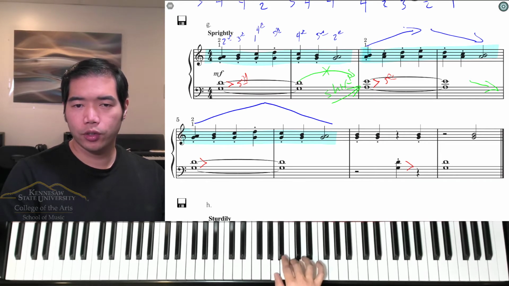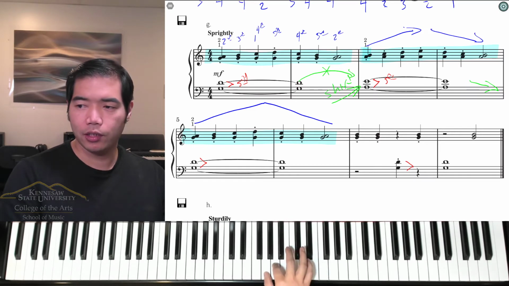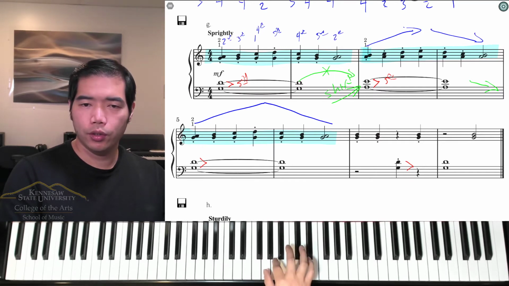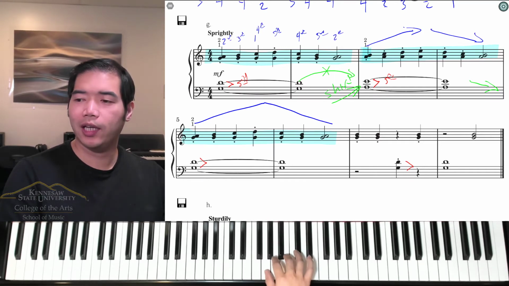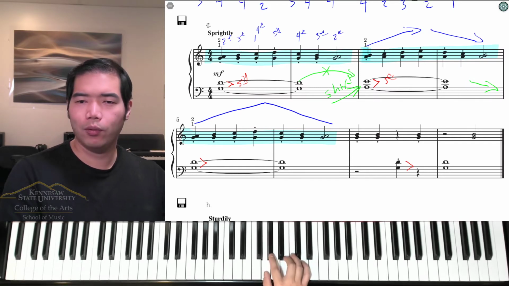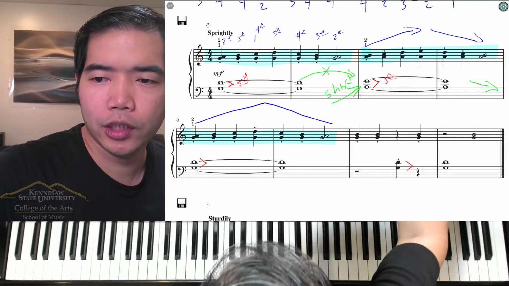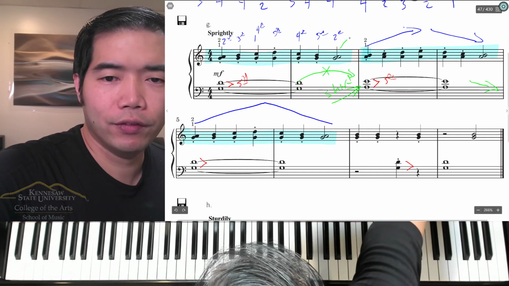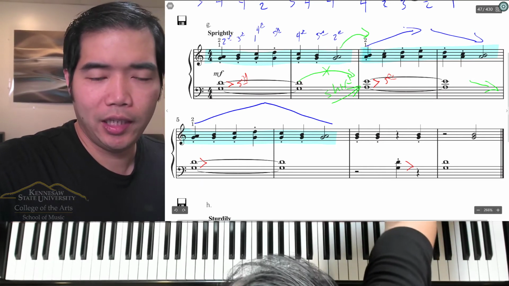Now I shift back down to G. 1, 2, 3, 4. Then the last 2 bars. 1, 2, 3, 4. So just look out for this shift over here to the A.